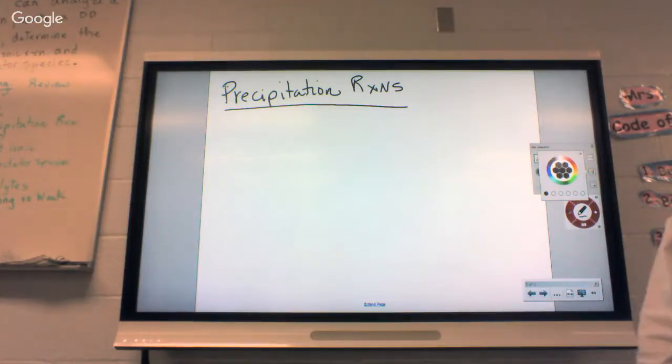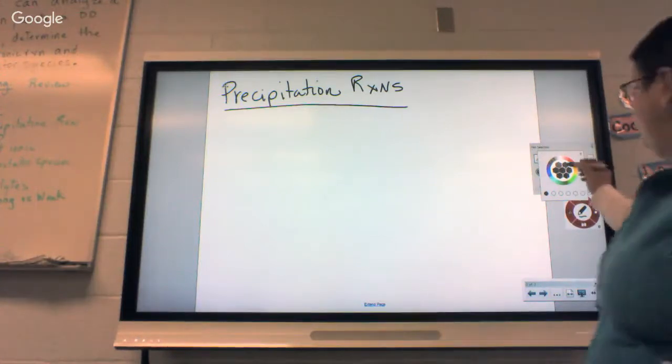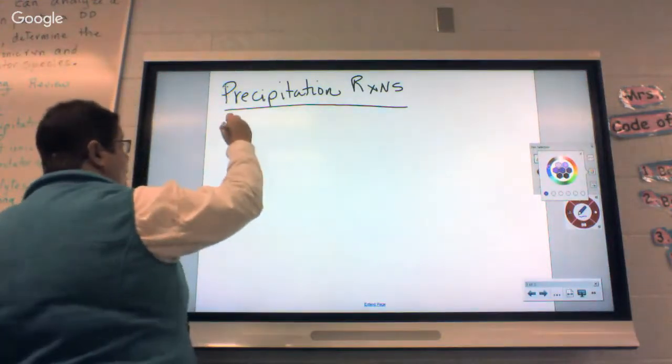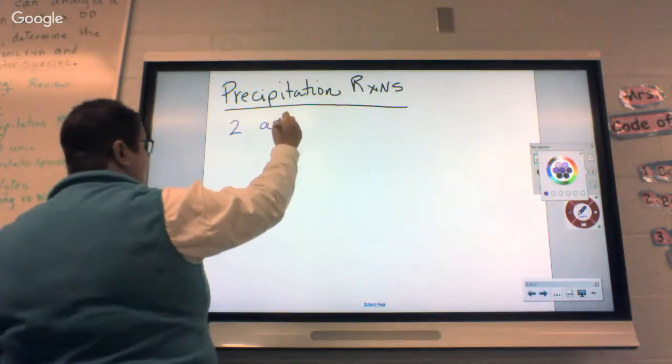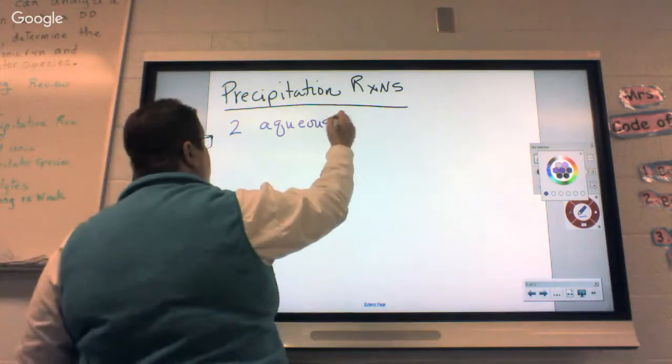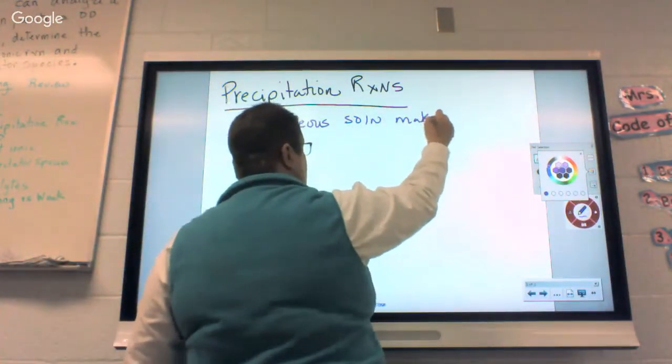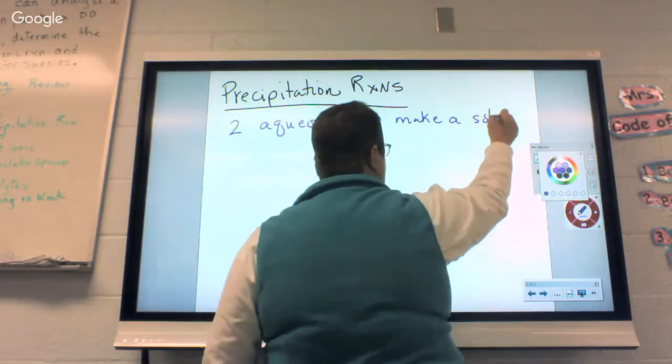Alright. So, precipitation reaction. First of all, what did we say a precipitate was? Way back at the beginning of the semester, and what did we refresh our memories on right before we went home for break? Alright. So to refresh, and I want to add something to it. Two aqueous solutions make a solid.